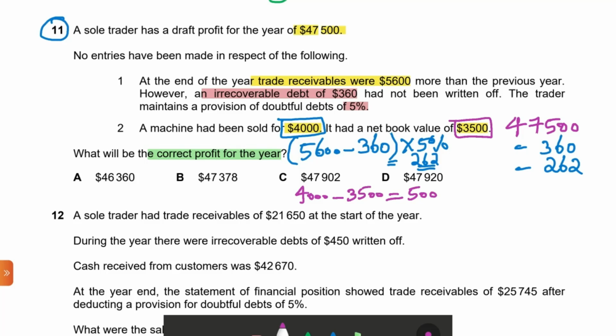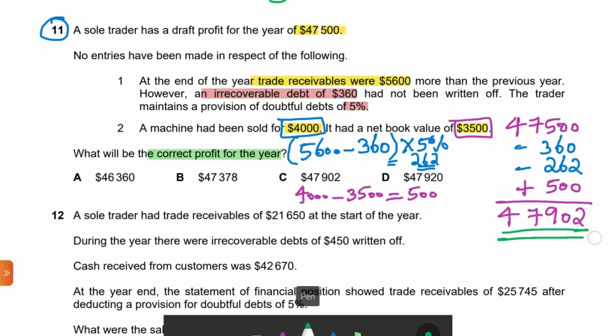It will increase the profit. So we have to add 500 to profit. So what is the corrected profit now? The corrected profit is 47,902. So the correct answer is C.